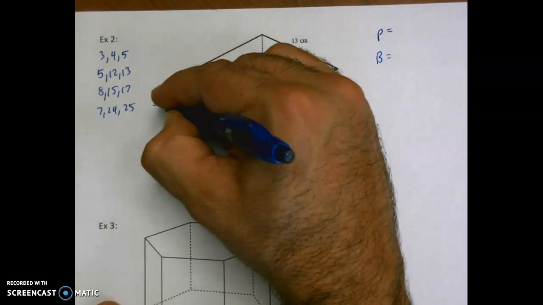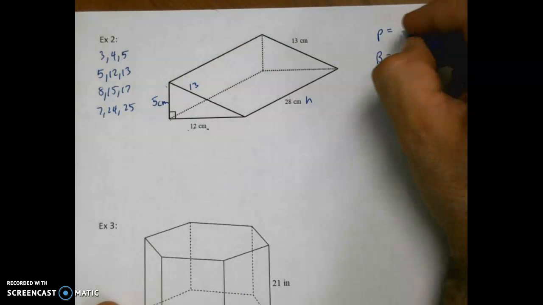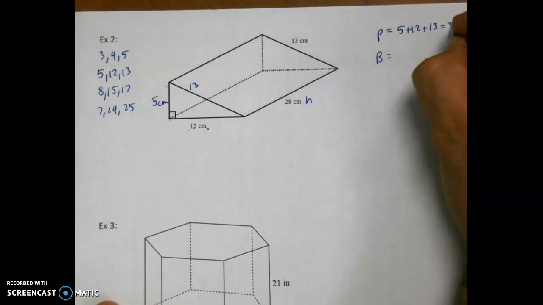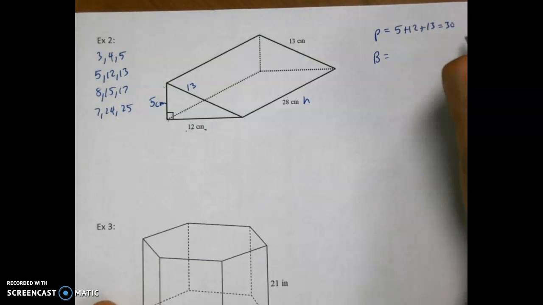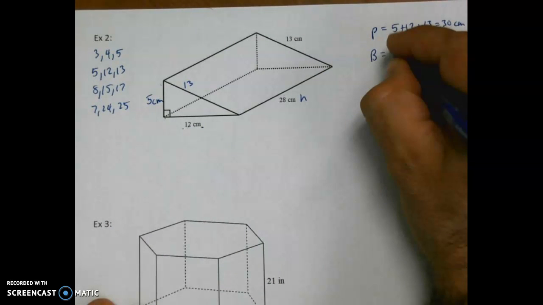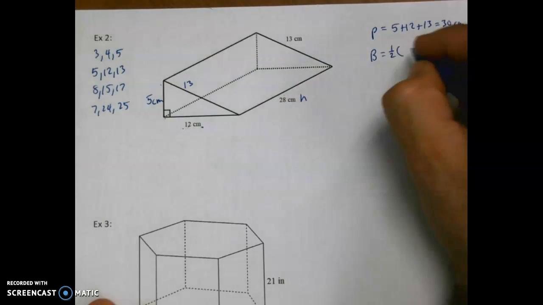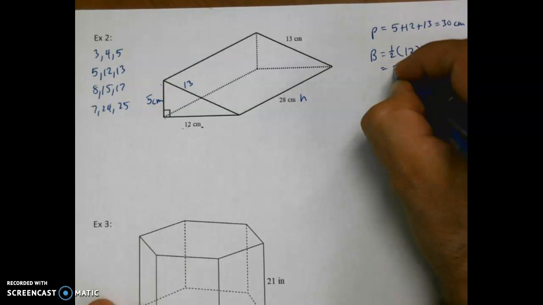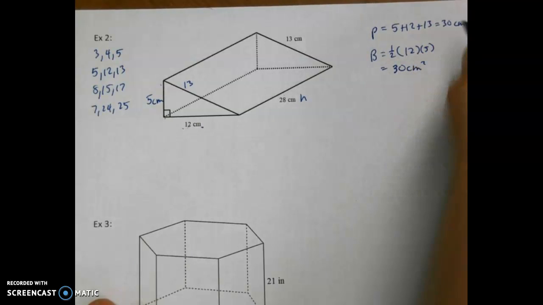That's 5, 12, and 13. So 5 plus 12 plus 13 equals 30. The units here are centimeters. The area of the base is 1/2 times 12 times 5, which would be 30 square centimeters.